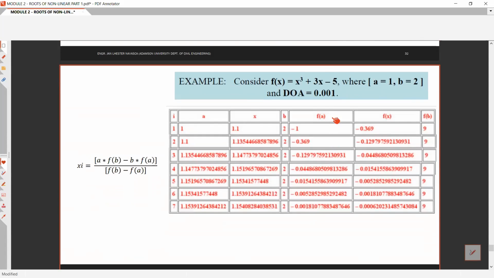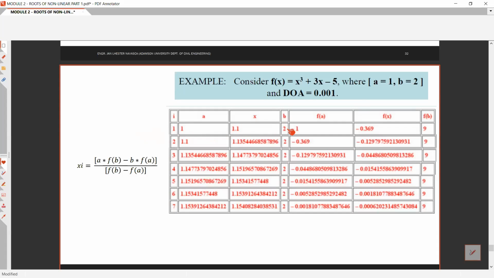Okay. Same equation. x cubed plus 3x minus 5. Ang guess niya, the interval is between a equals 1, b equals 2. Then a degree of accuracy of 0.001. Okay? So, ganoon lang din. Plug in mo lang 1 and 2.